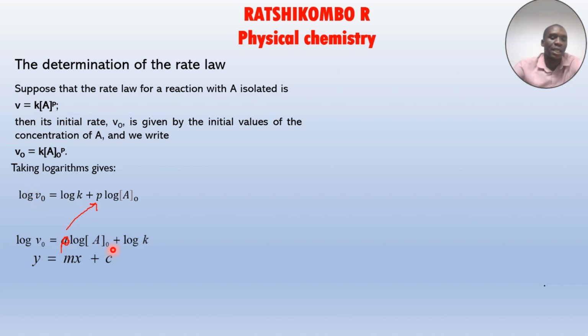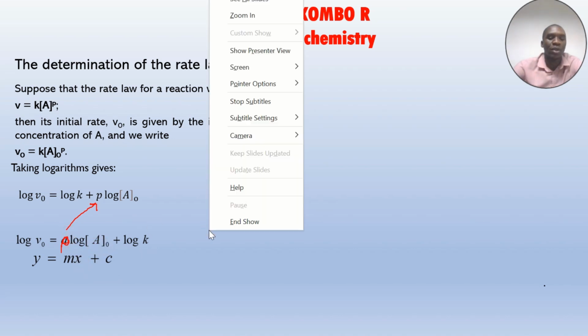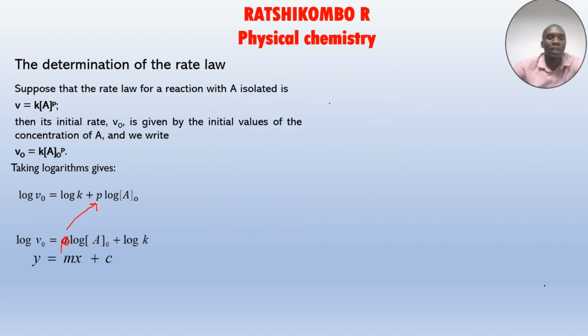If this equation is a straight line, this simply means that this c correlates with log K, and this x correlates with log A0.